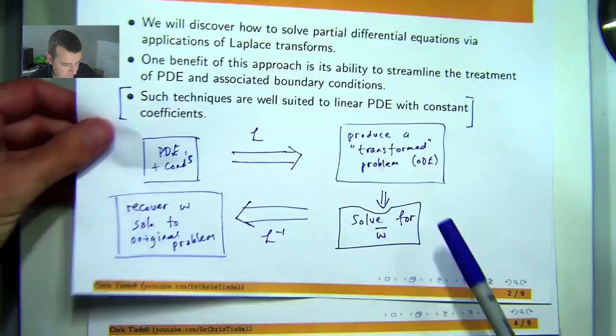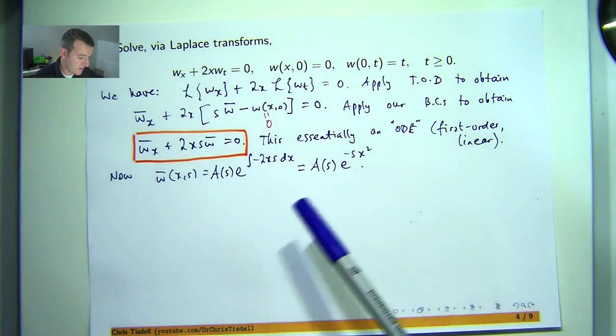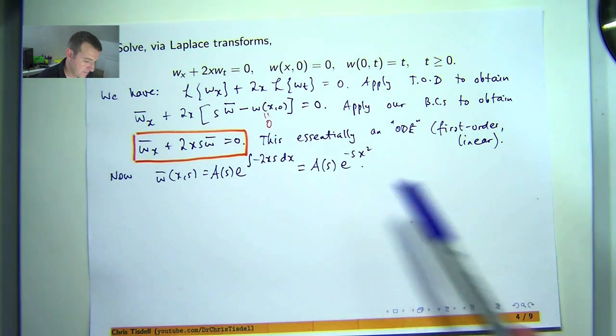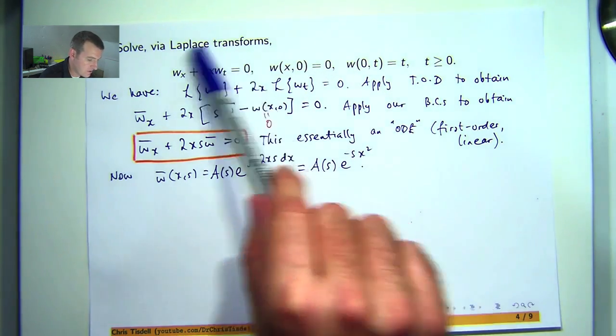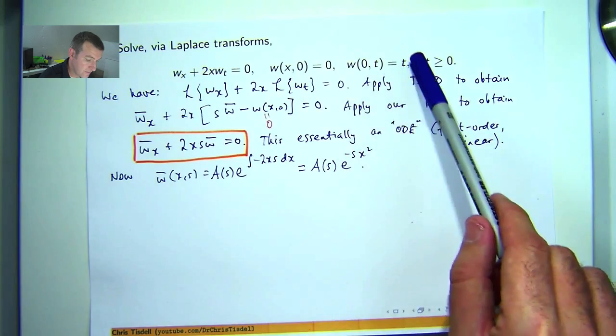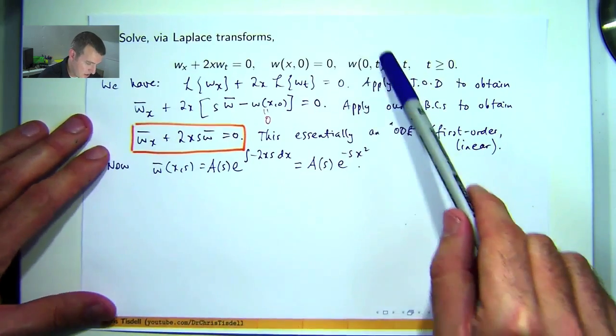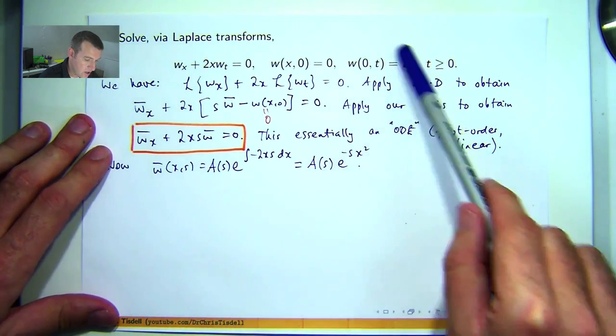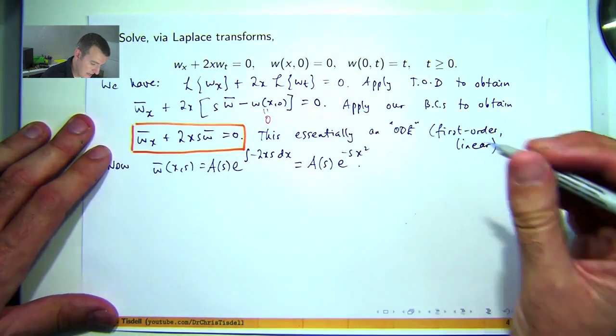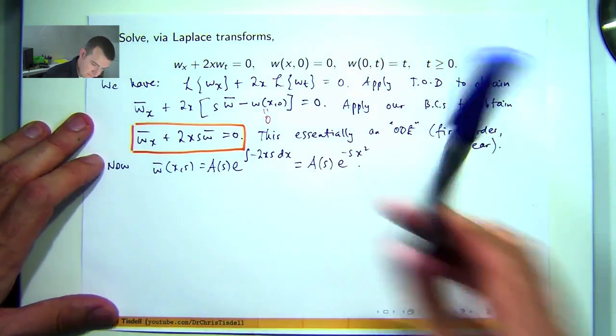So I've almost solved for w bar, I've almost solved the transform problem, but I haven't found this A of s. Now I've used this, but I haven't used this yet. So to find this coefficient, we're going to use this.